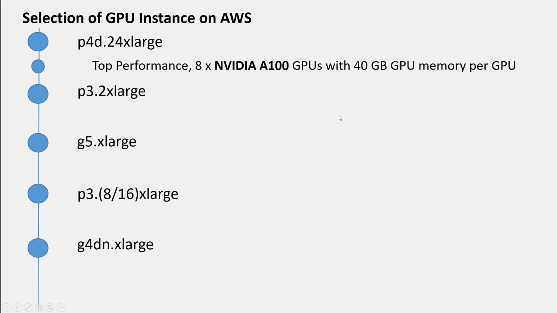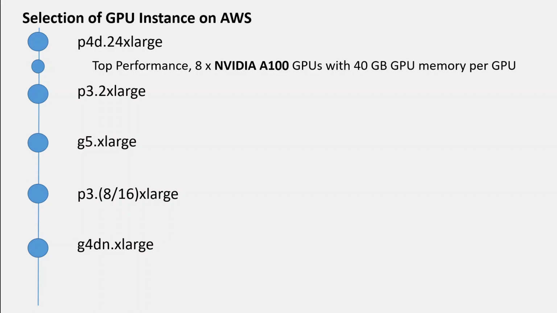Now, the first one which you can see on your screen is P4D.24xlarge. Only select this instance if you want to run a huge large language model in your production environment with lots and lots of users. It is one of the top performant GPU instances in AWS. It has 8 NVIDIA A100 GPUs with 40 GB memory each.